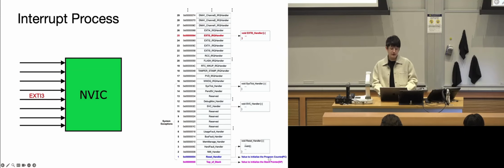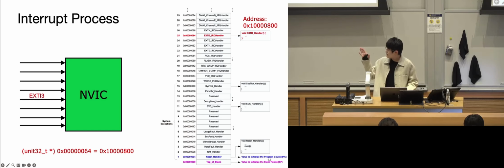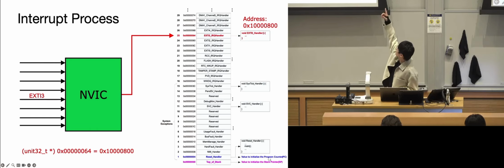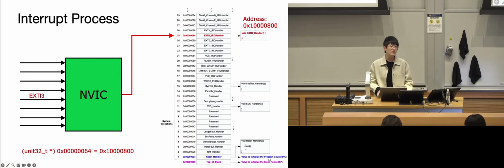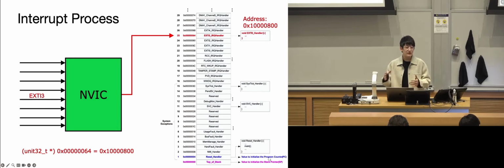If we look from the other angle, different interrupts coming in point to an index, and that goes to an address to find the actual function, and that function will be fed into the core for execution in the next steps. From a very high level, this workflow should be clear to everyone: how the interrupt request is triggered, what the NVIC does, finding the interrupt handler functions in memory, and then fetching that to the CPU.